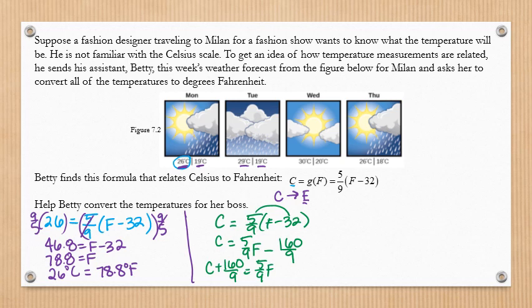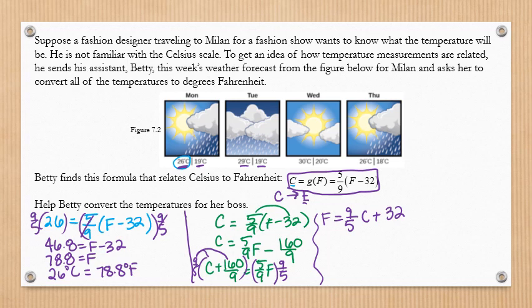To get rid of 5/9, we divide by 5/9, which is the same thing as multiplying by 9/5, which gives us an end formula of F equals 9/5 C plus, when I multiply 9/5 times 160 over 9, the 9's cancel out, and 160 divided by 5 is 32. So now I've taken this formula and essentially reversed it by solving for F.